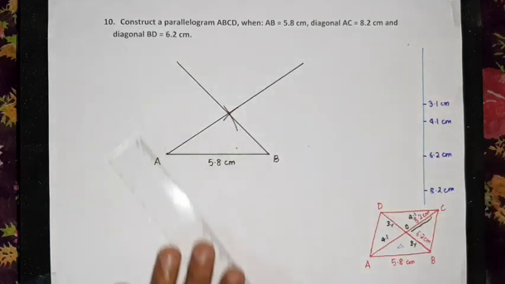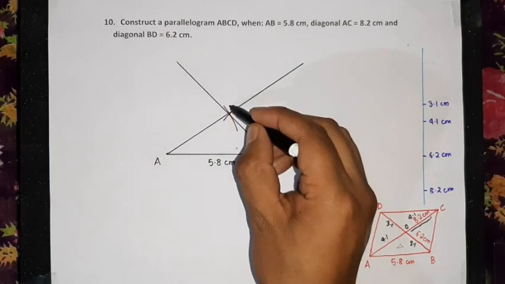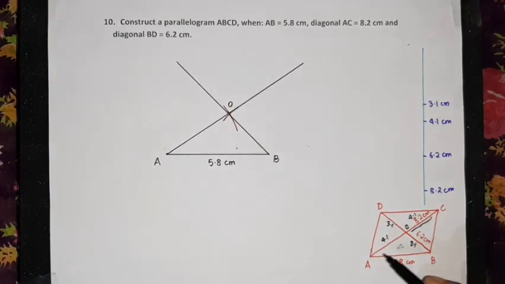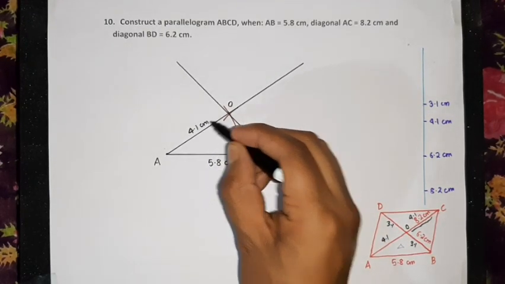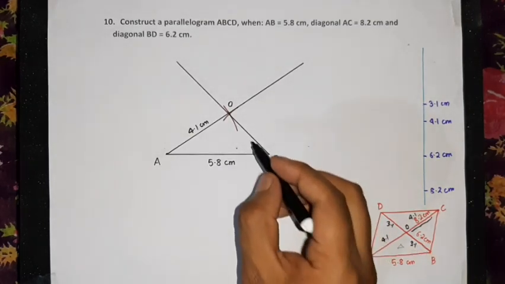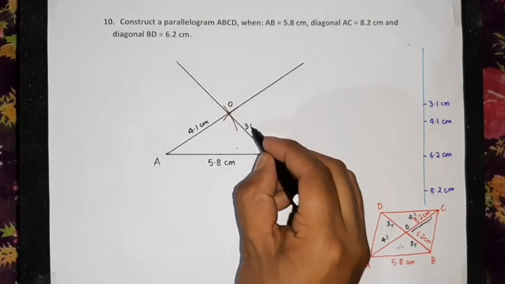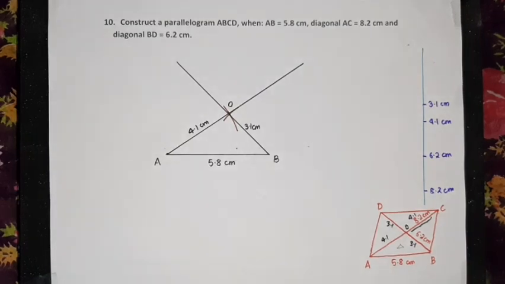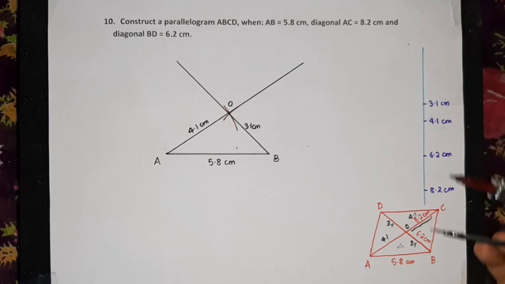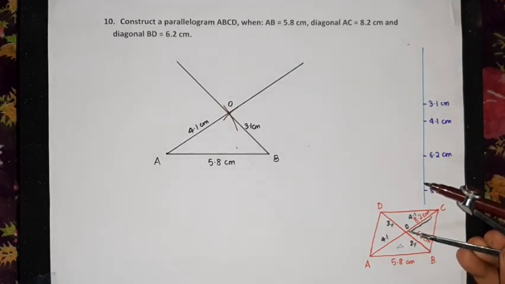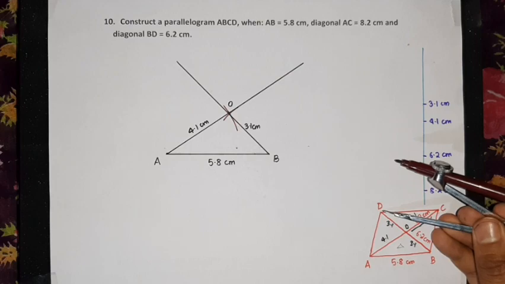Now we know that this is point of intersection O, and AO is 4.1 centimeter, and OB is how much? This is 3.1 centimeter, right? Okay, now again I have not changed my radius, so 3.1. So from here to here is 3.1, right? And from here to here is also 3.1.